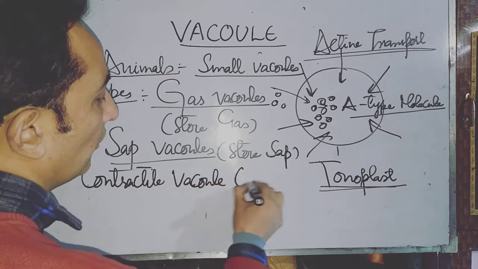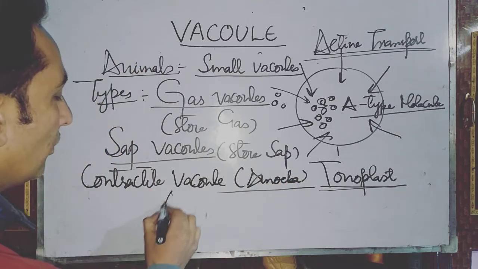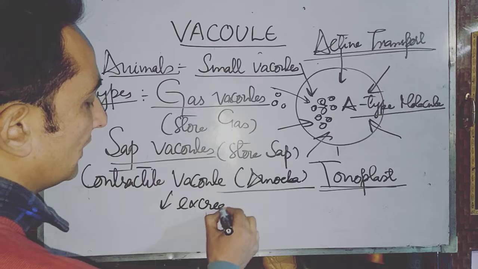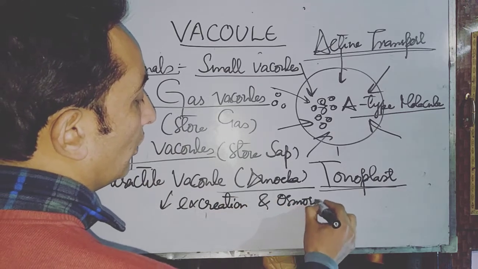Contractile vacuoles have a very important role in excretion and osmoregulation.